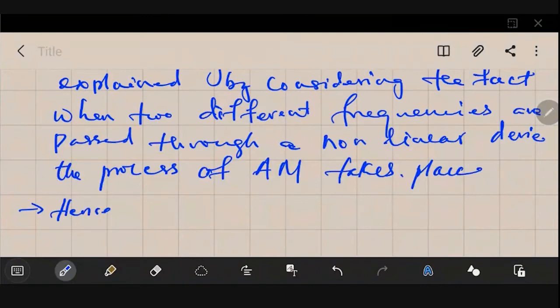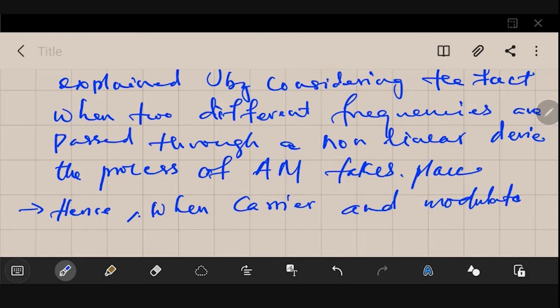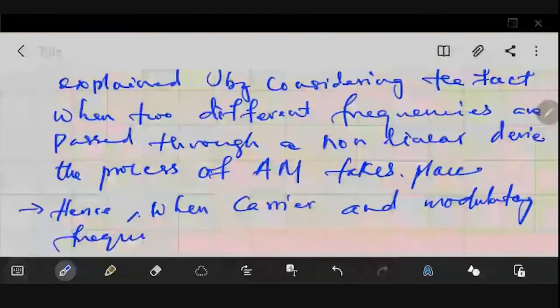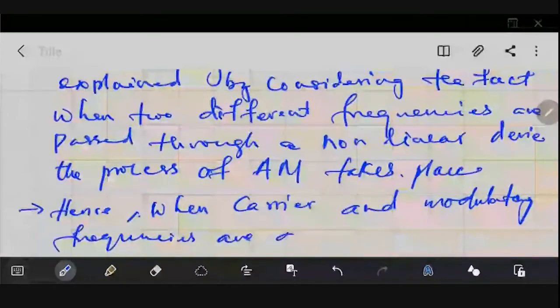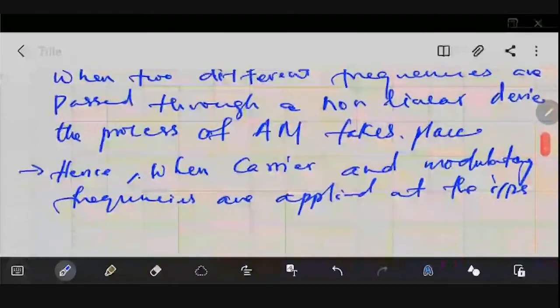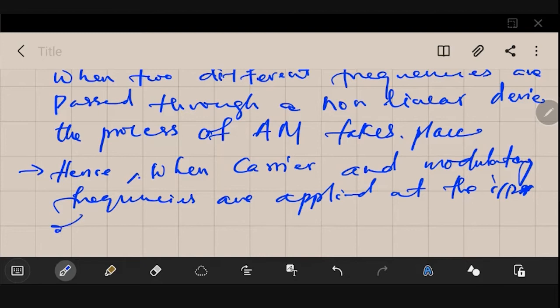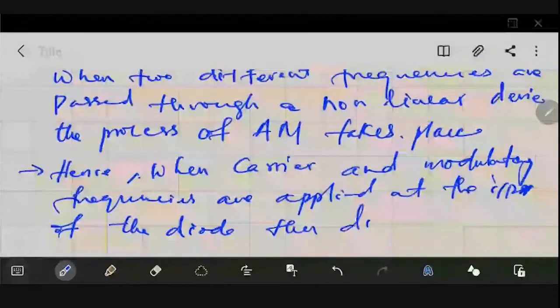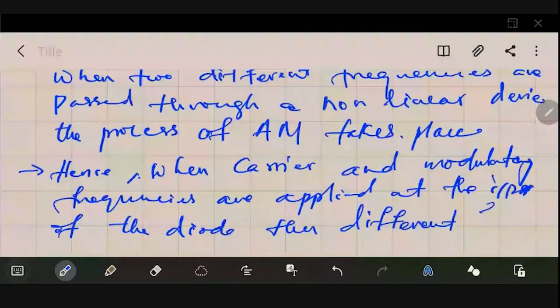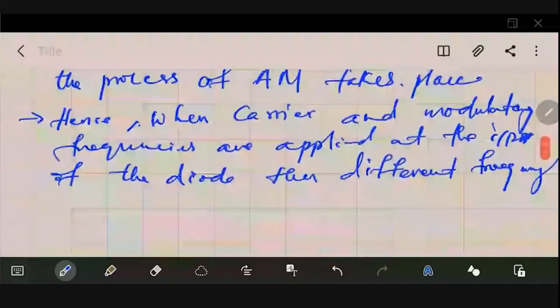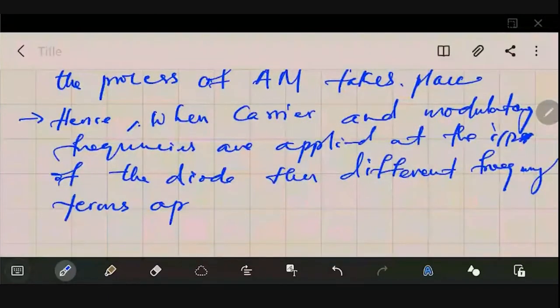Hence, when the carrier and modulating frequencies are applied at the input of the diode, different frequency terms appear at the output of the diode.